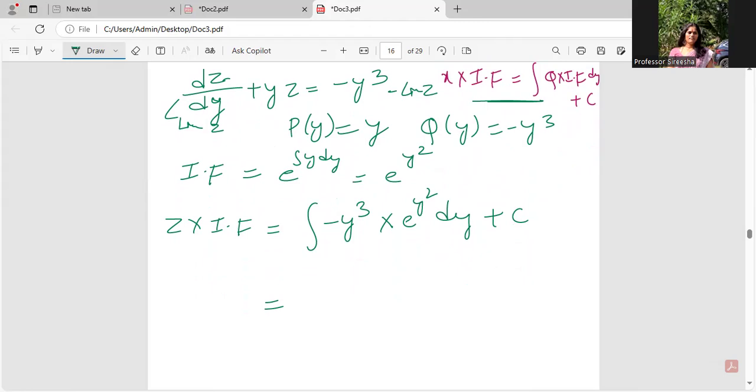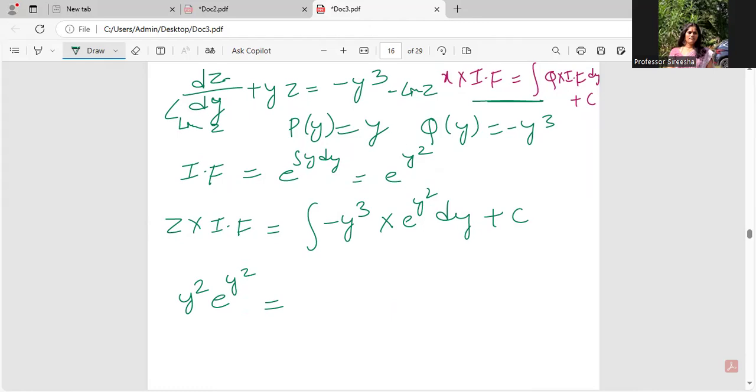Right now I know how to solve this. Make the substitution y squared is equal to t or y cube is equal to t. Anything is fine. Okay. To solve this integral on the right, I'll be making the substitution. What's the value of z that I have taken? Z I have taken it to be x power minus 1. Okay. Integrating factor, I have got it to be what? Integrating factor is e power y square. Right?